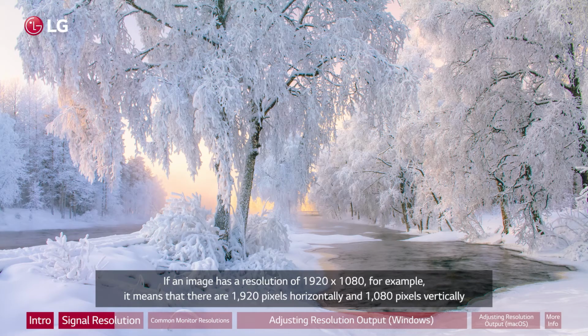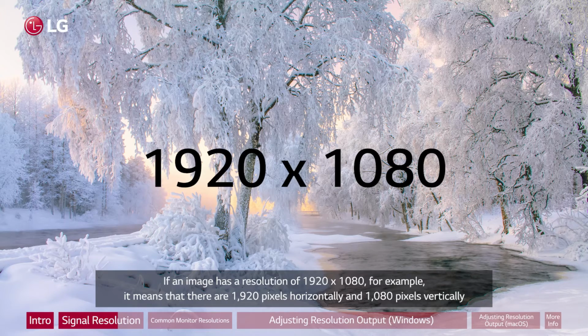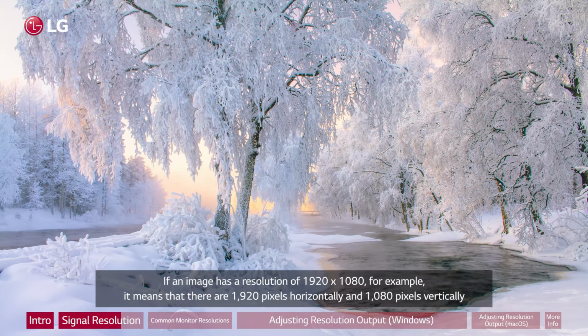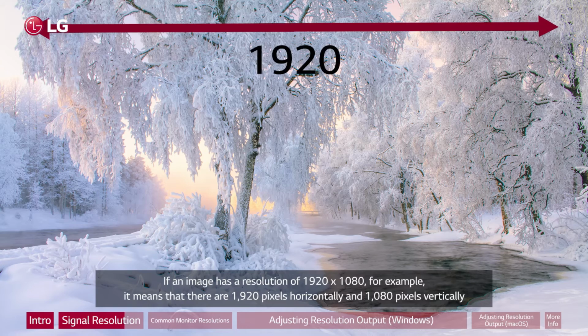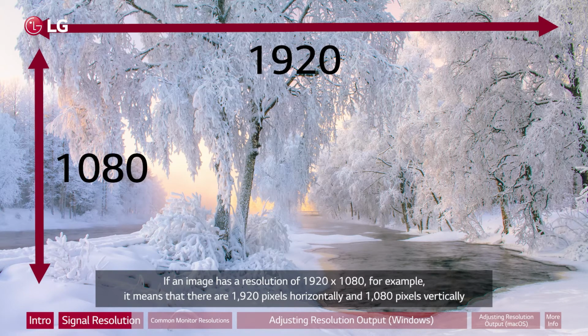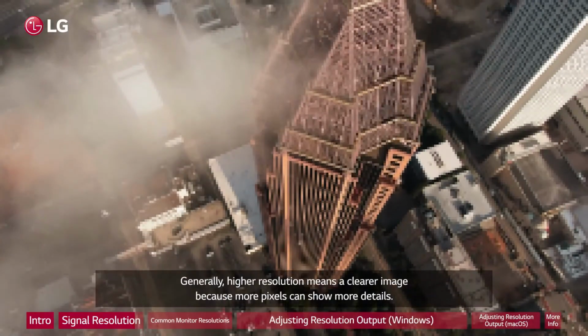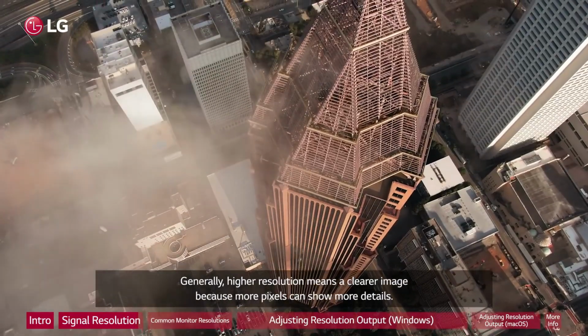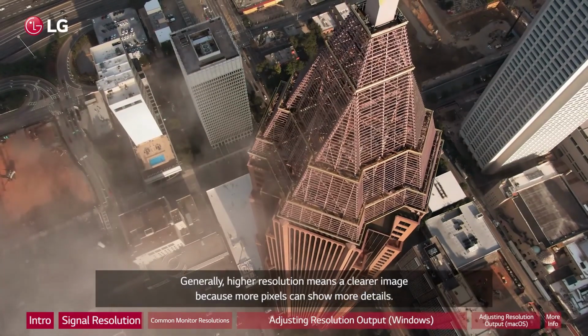If an image has a resolution of 1920 by 1080, for example, it means that there are 1920 pixels horizontally and 1080 pixels vertically. Generally, higher resolution means a clearer image because more pixels can show more details.